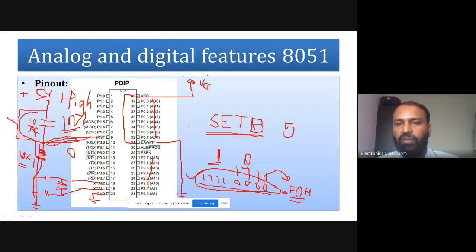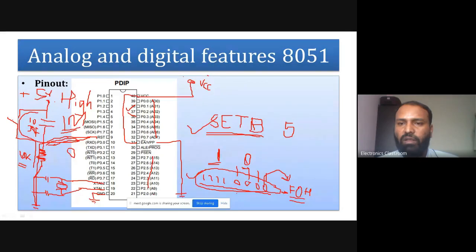So what happens when we are using bit level instructions? Because there are some registers which can be accessed, for example, all port registers can be accessed using bit level instructions as well as byte level instructions. So to set a particular bit, I can use an instruction like SETB.